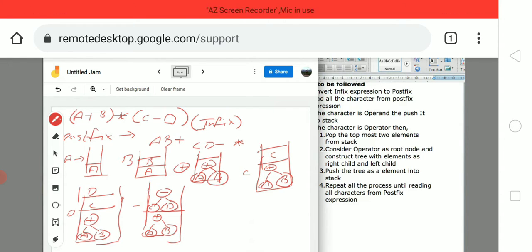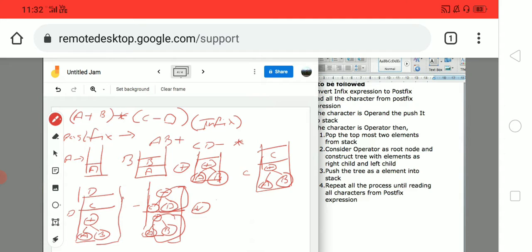Now we have another element, it is also an operator, that is multiplication. Multiplication is also an operator, and we have to pop the topmost two elements. Here one element and here another element.